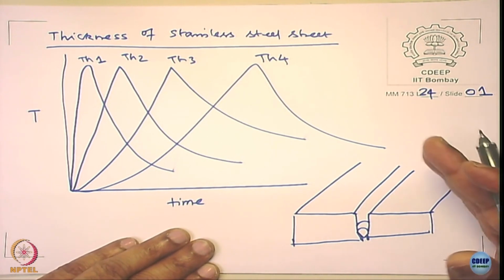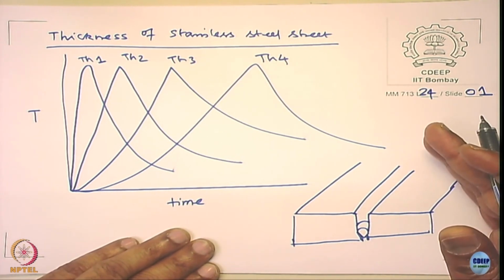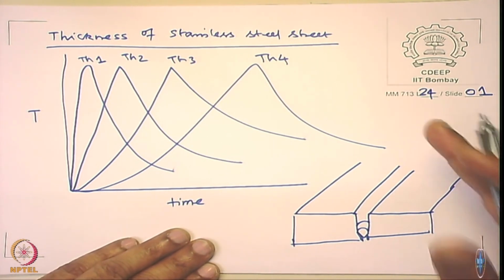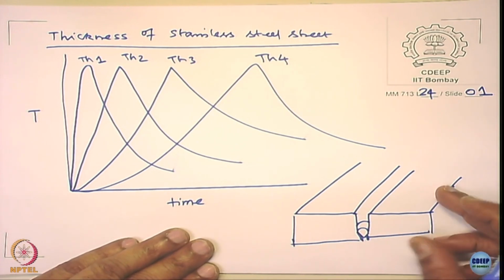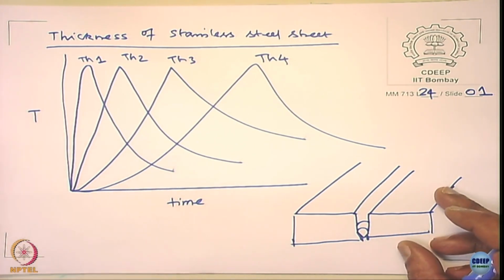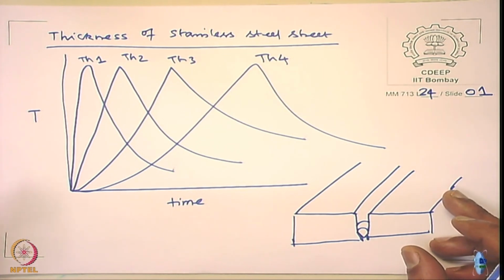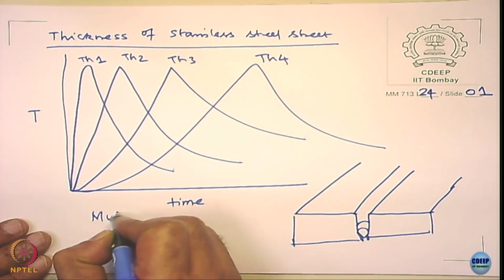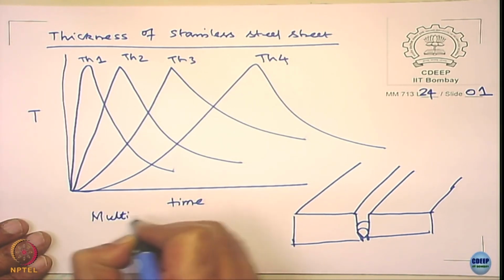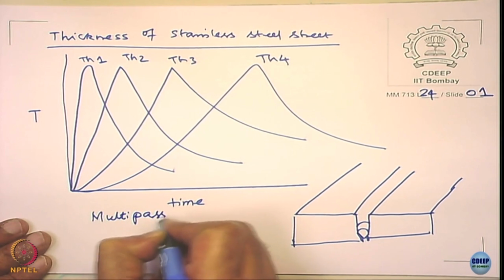So each time when you weld, you are allowing the weldment to lower its temperature, in which process you are able to maintain an adequate cooling rate so that sensitization is avoided. So we do what is called multi-pass welding.